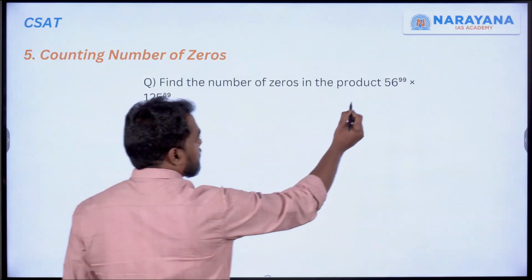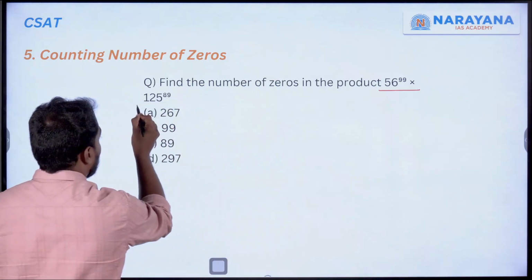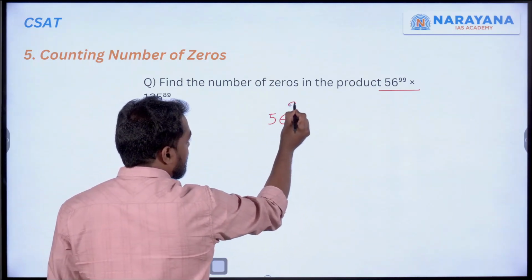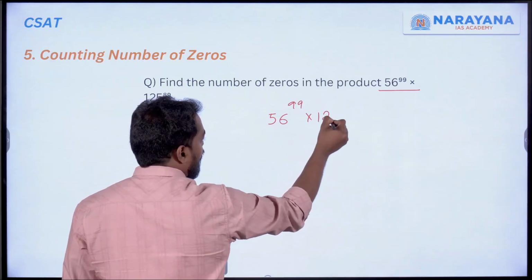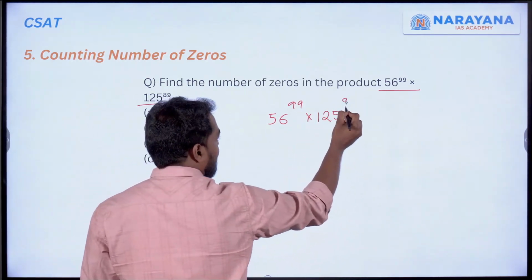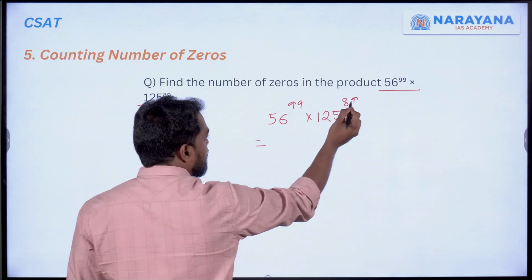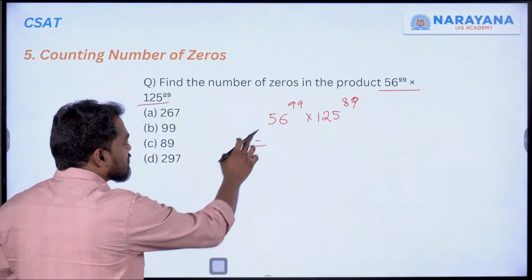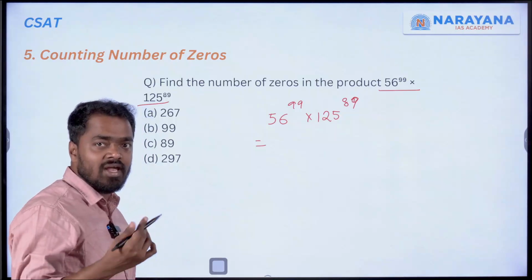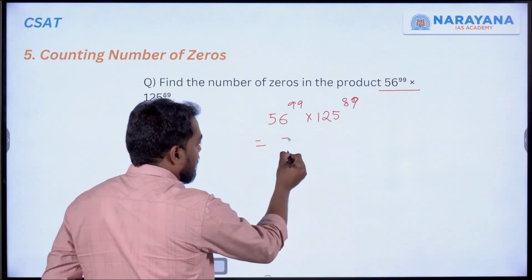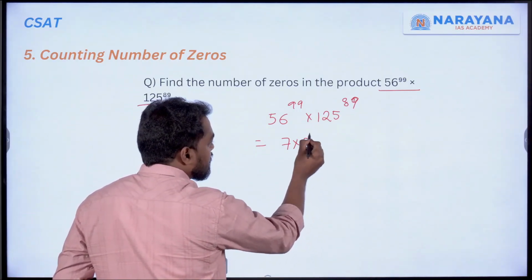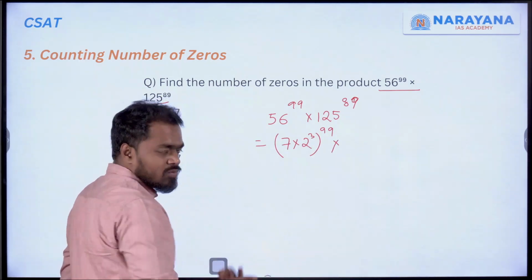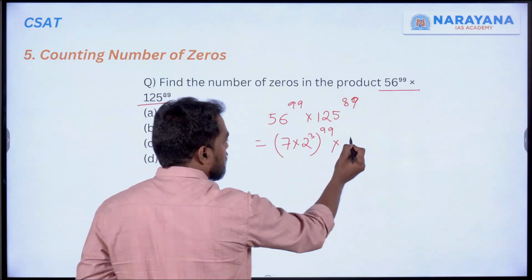What is the given product? 56 to the power 99 multiplied with 125 to the power 89. You have to do the prime factorization so that you will get all the 2 and 5 pairs. 56 can be written as 7 eights, that is 7 into 8. 8 is nothing but 2 cube. And what is 125? 5 cube.